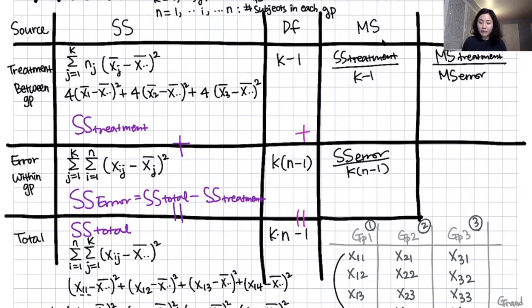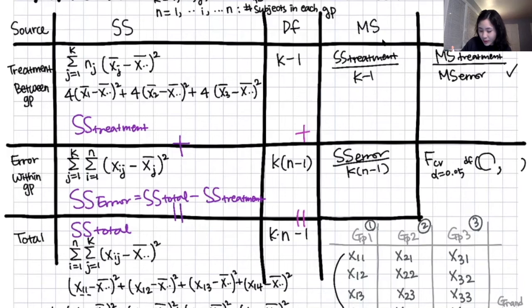I need to compare this F value to my F critical value. So I need to let you know the critical value first. If my alpha is 0.05, for example, my degrees of freedom consists of two parts.